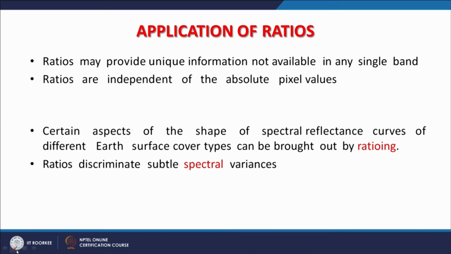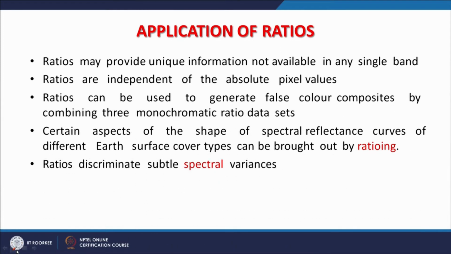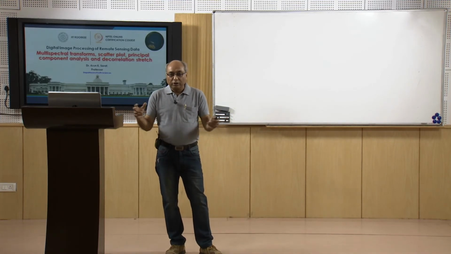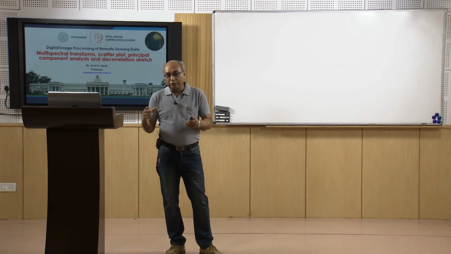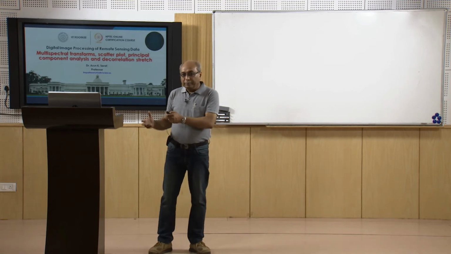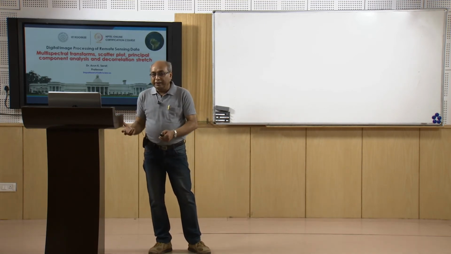Ratios are independent of absolute pixel values, and can be used to generate false color composites by combining three monochromatic ratio data sets. That means if you have many bands, you can create ratios of pairs of bands to get three ratio outputs. These three ratio outputs can be combined to create a color composite.